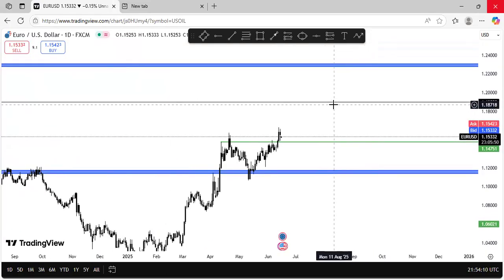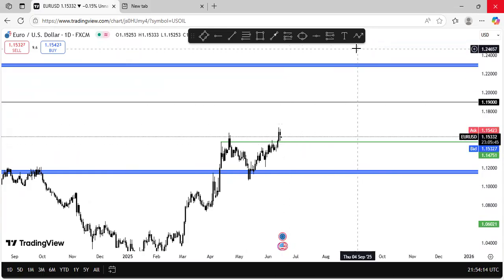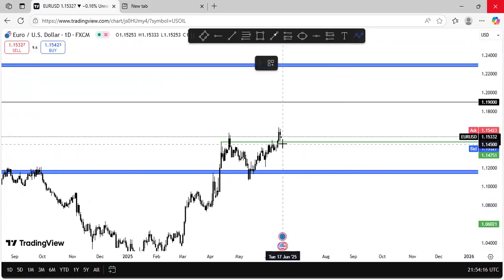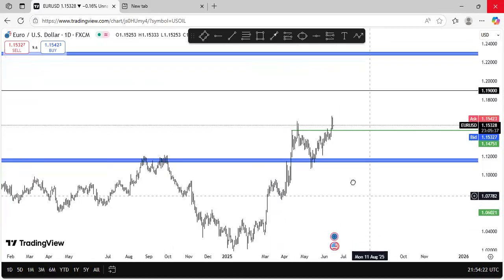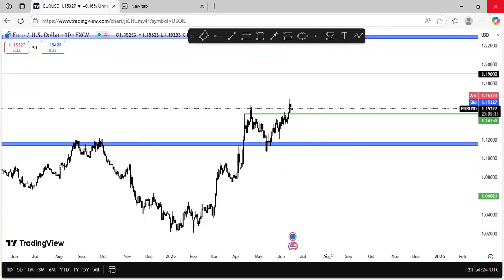So our new target, we can see price flying all the way to 1.1900 flat. All right, so that's our new target for the Euro USD.